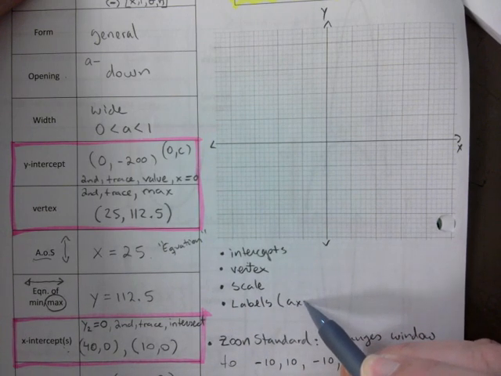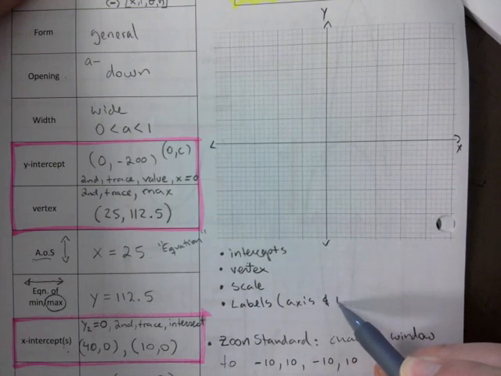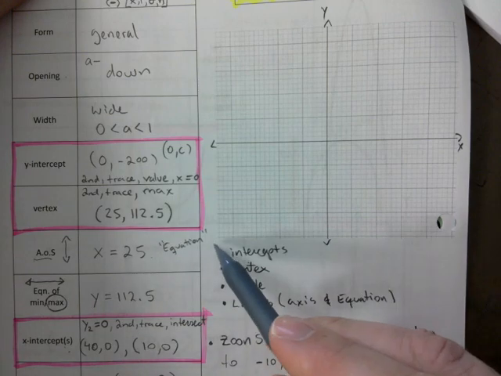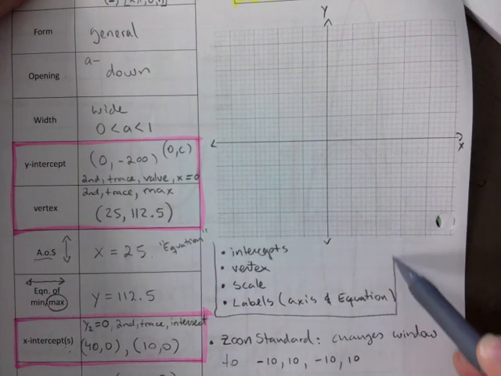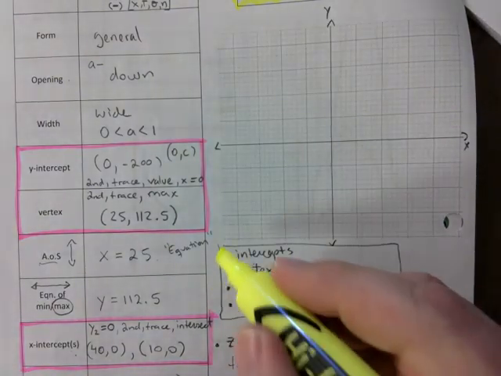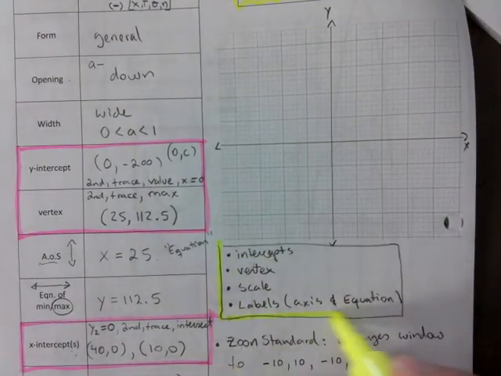And for labels, I mean axes and equation. Add this to your study sheets, because for every single graph that you do, I'm going to be looking for these things.